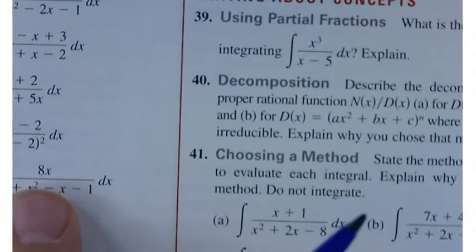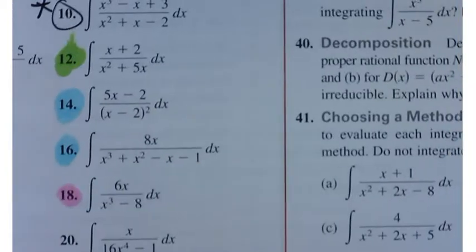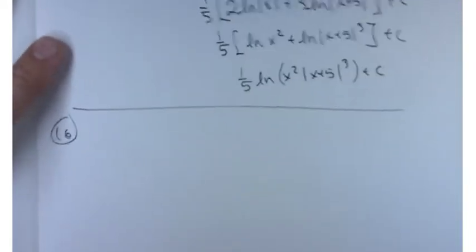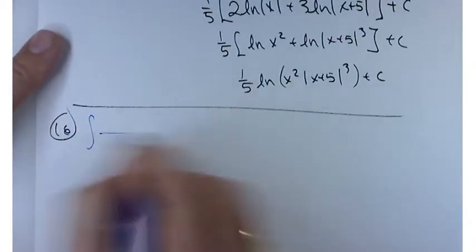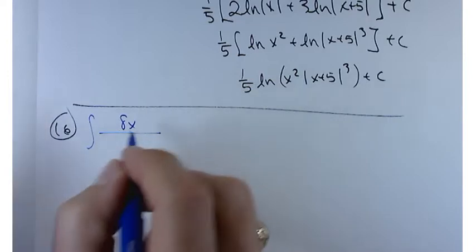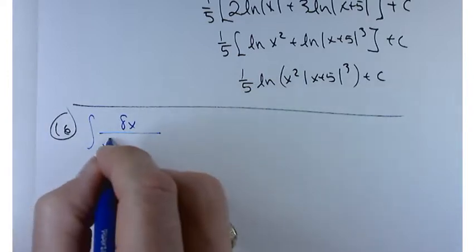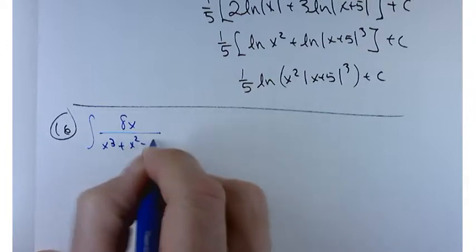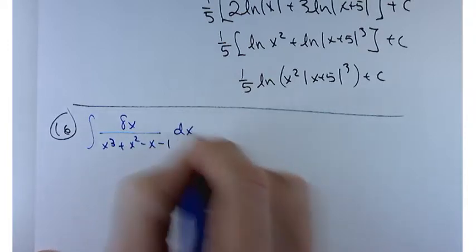Let's look back then at problem number 16. So right here. Let me copy that down onto my sheet for us. So probably want to zoom out a little bit. The integral of 8x divided by x cubed plus x squared minus x minus 1 dx.